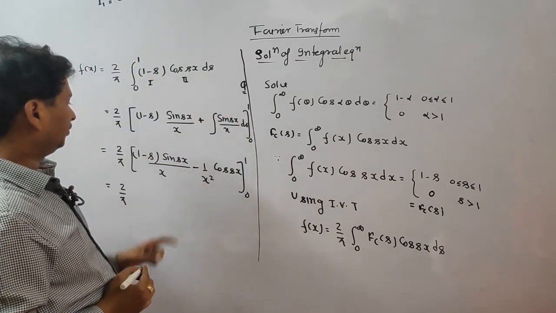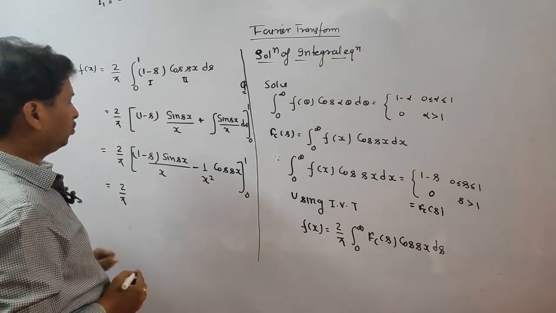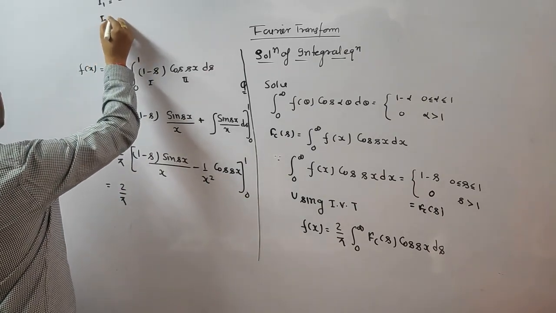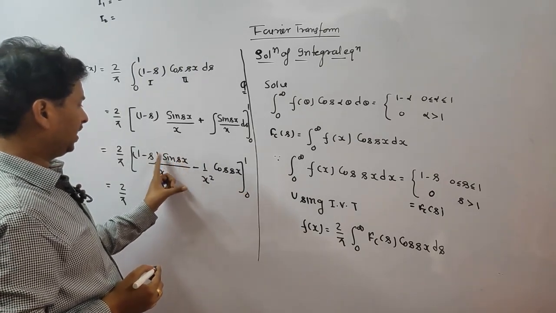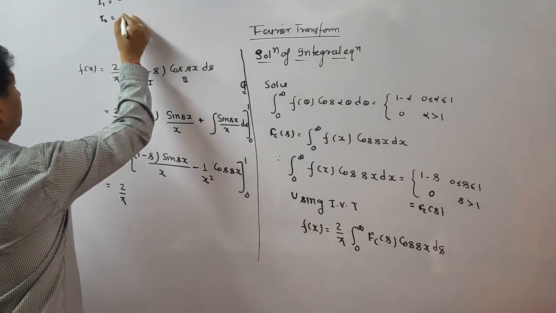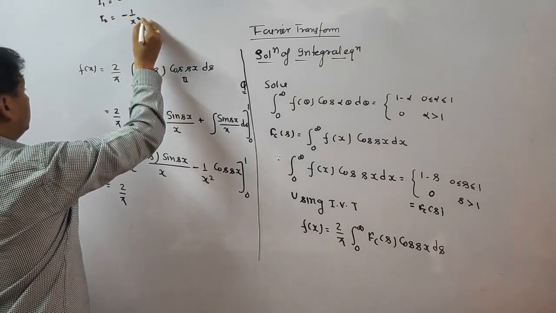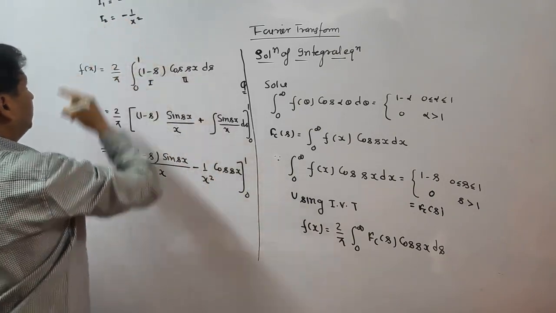Correct? This is going to be 0. When we put the s value 0, what is I2? I2 is nothing but: s value 0 means sin 0 is again 0, minus 1 by x square, and cos 0 becomes 1. So this is your I1, this is your I2.